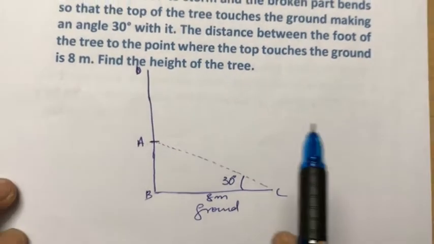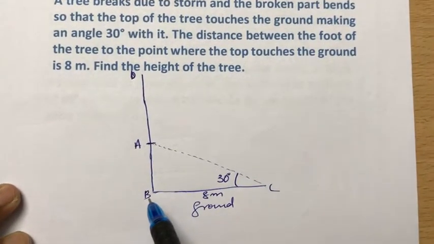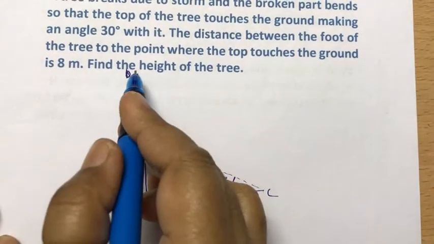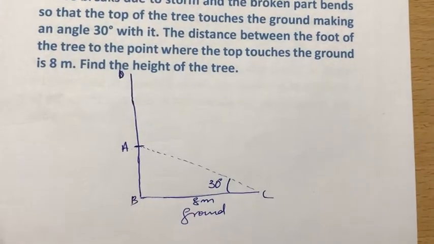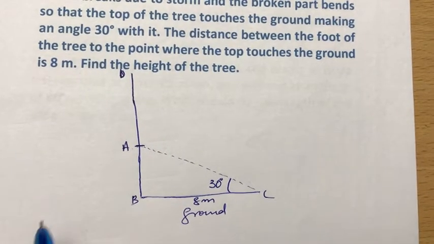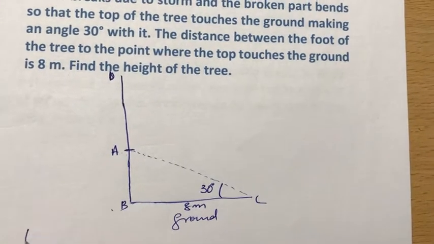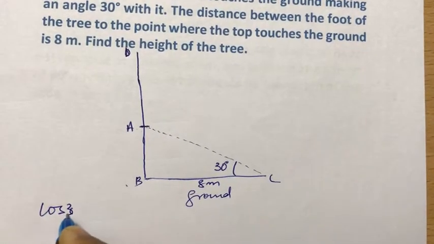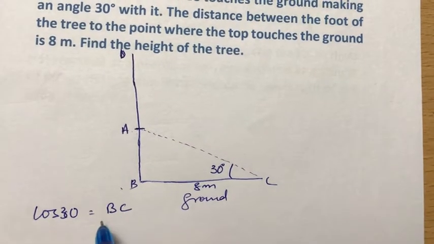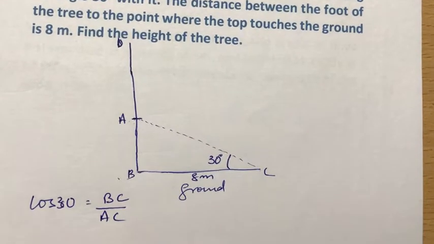Okay, so the question is find the height of the tree, total height of the tree. Okay, this is the foot of the tree and this is the top of the tree. So what can I say? In this right angle triangle ABC, I can say cos 30 degree is equal to BC by AC, base by hypotenuse.